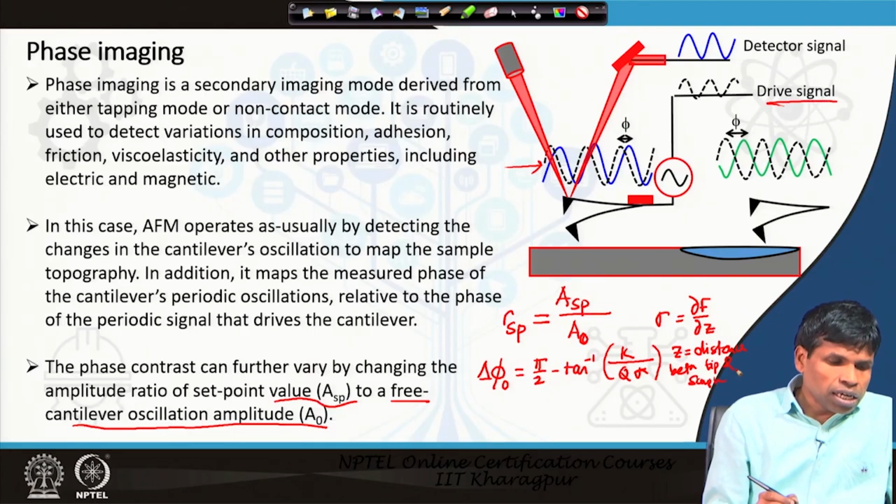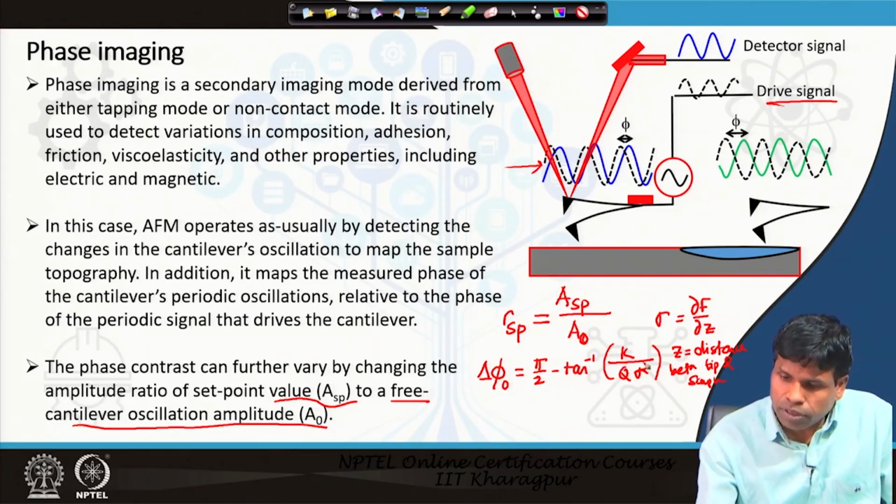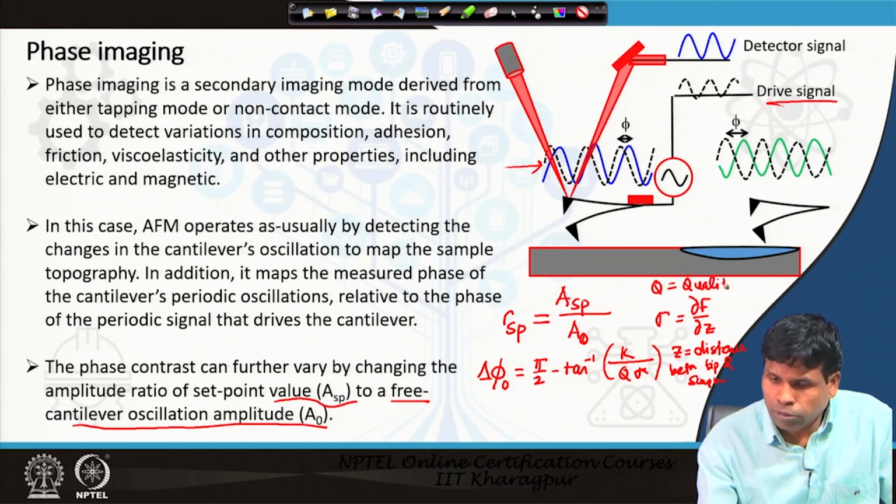Q is the quality factor, and k is the spring constant.